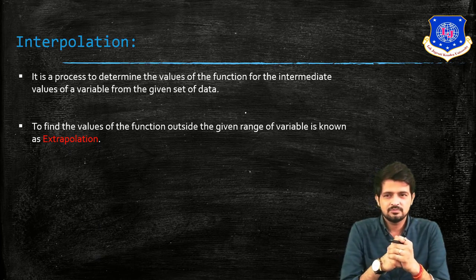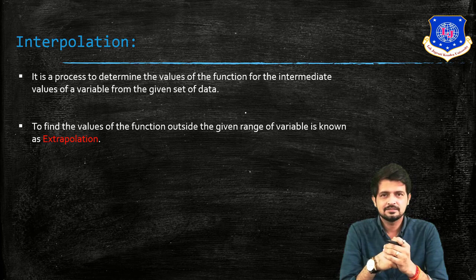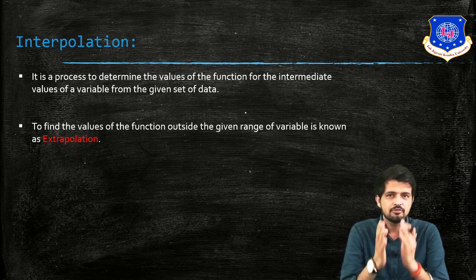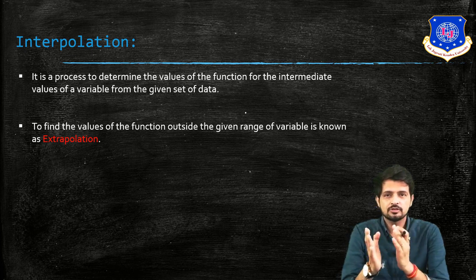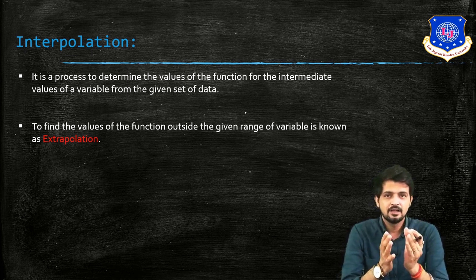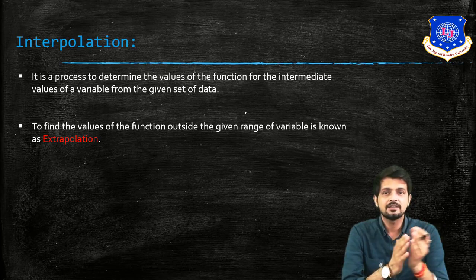Say there is one more term included in this, that is extrapolation. Now what is the meaning of extrapolation? If we want to find the function value for the value of x that is located outside the given interval, right?